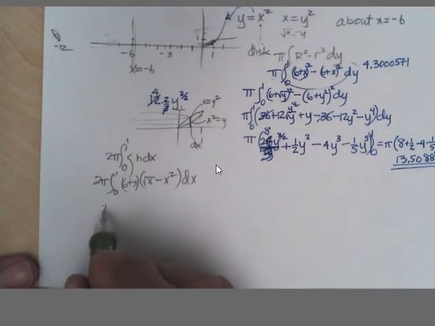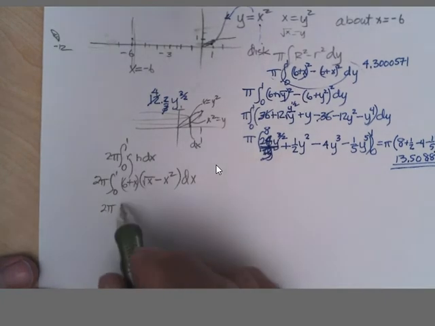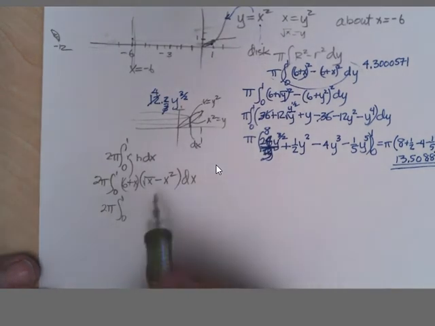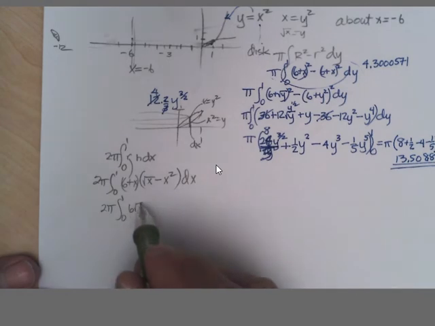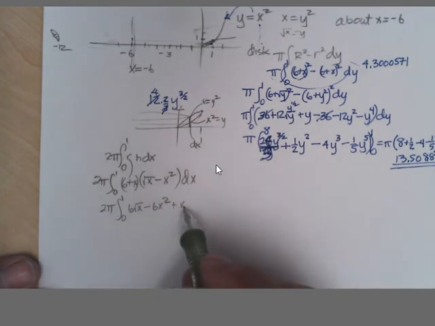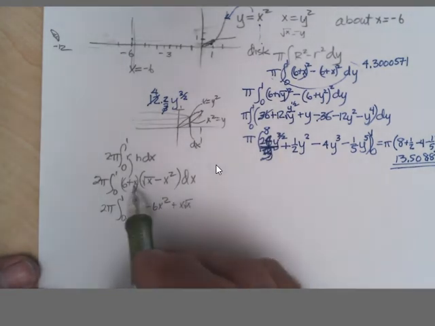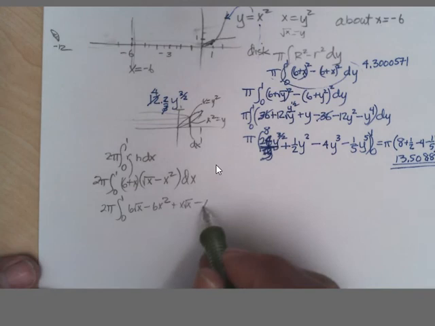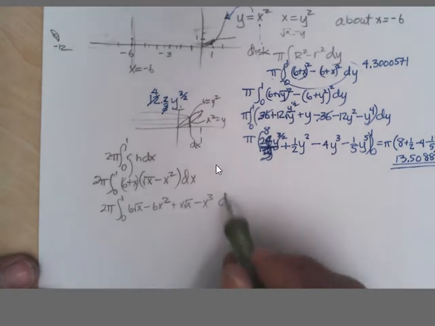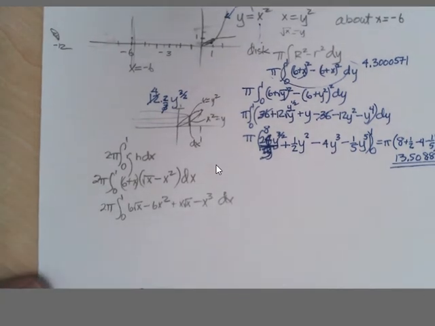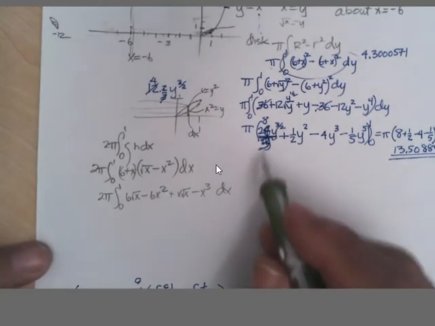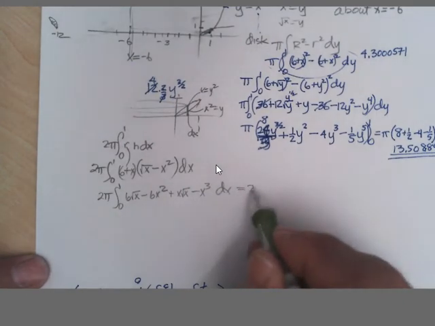So we got 2 pi, integral from 0 to 1. We've got to multiply these, so that's going to be 6 times the square root of x minus 6x squared plus x square root of x minus x to the third dx. And so that'll be 2 pi.